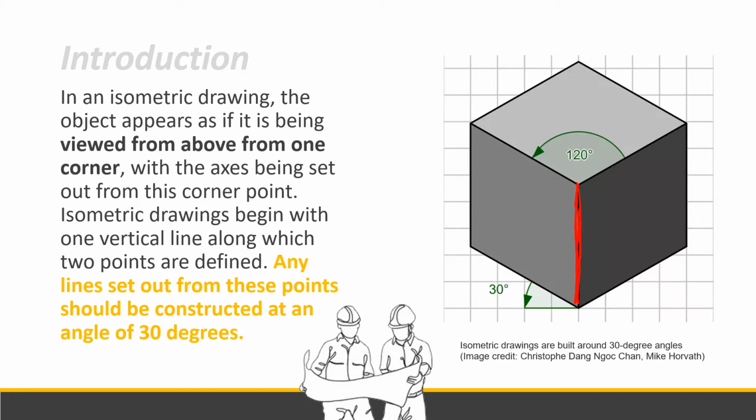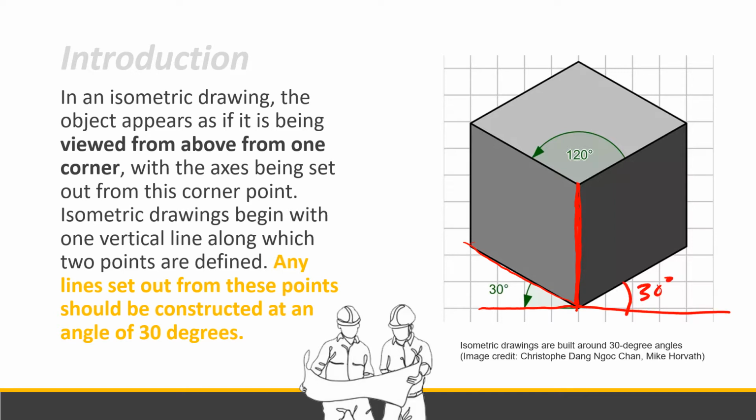Now, if you know the measurement of the cube, you will inscribe the length of this line, the side of the cube. Any line set out from these points, from the vertical, should be constructed at an angle of 30 degrees. This line should be 30 degrees with respect to the horizontal, and also this line.